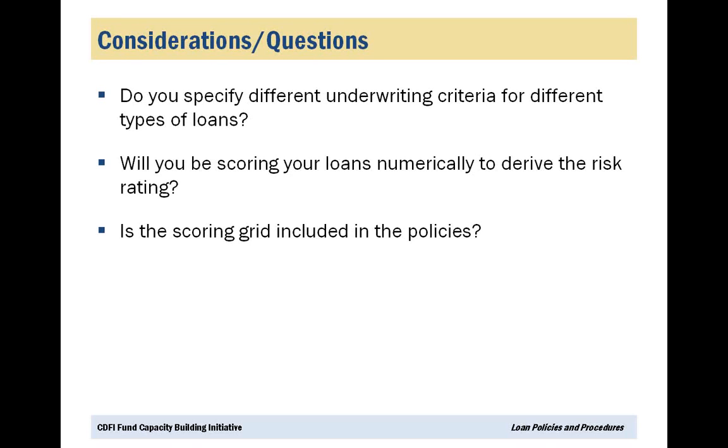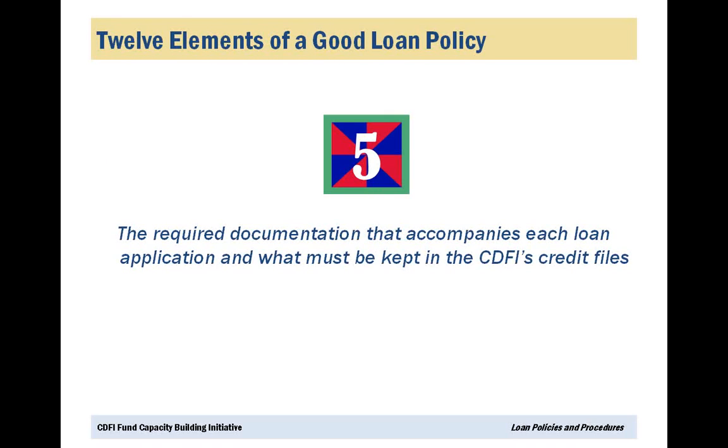And one of the questions that we ask here is, do you score your loans? I'm going to save that for later. But I think the key question here is, do you have different underwriting criteria for different loan products, and is that delineated in your loan policies?